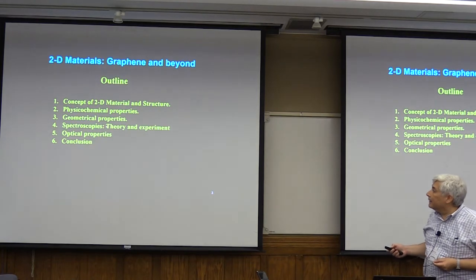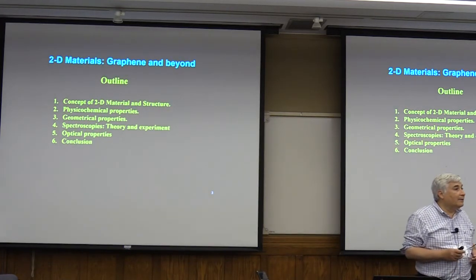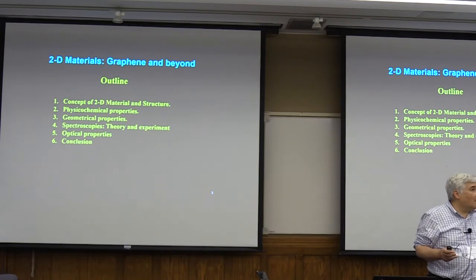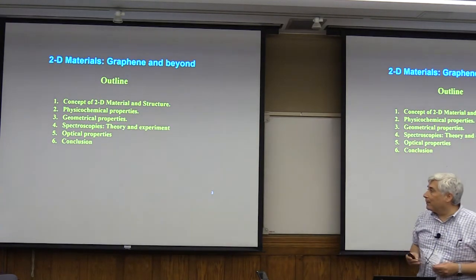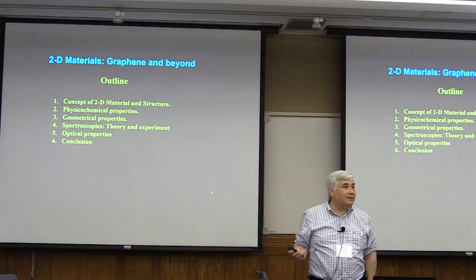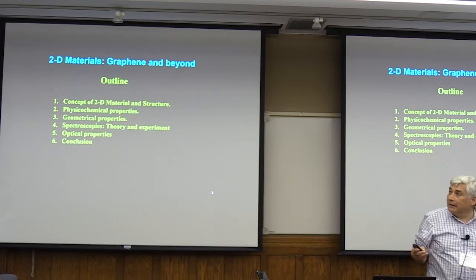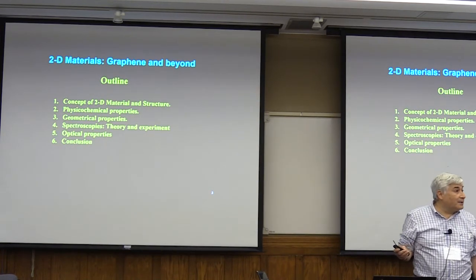And here in spectroscopies, I will talk about theory and experiment. Mainly, I will focus on Raman spectroscopy. I will not talk about infrared spectroscopy. Raman can be calculated with DFT methods, and infrared spectroscopy also.